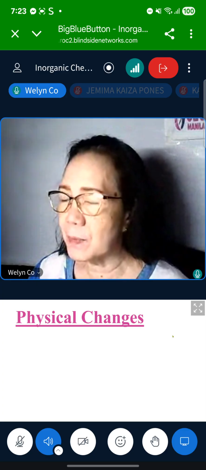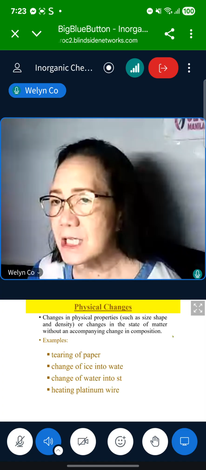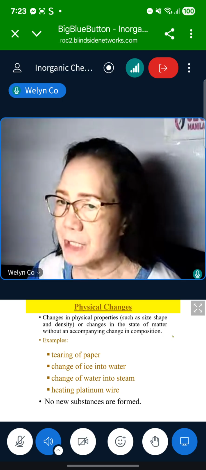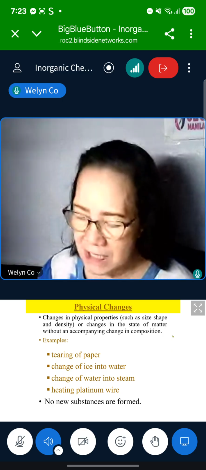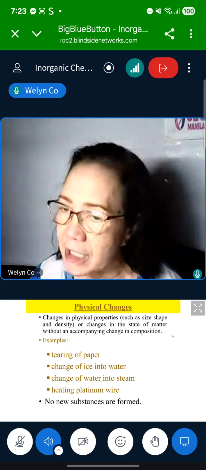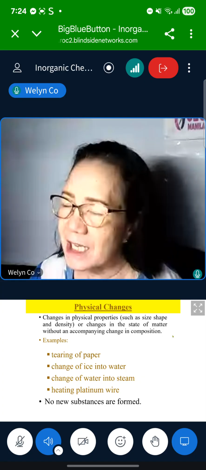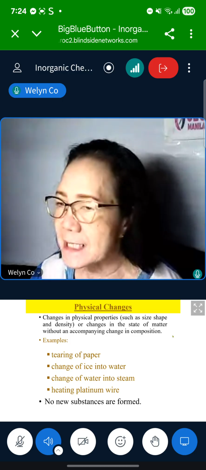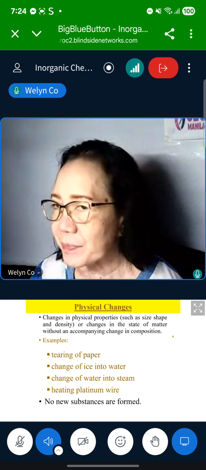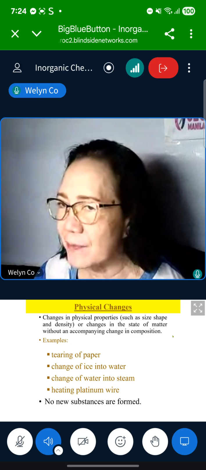So, I know maybe you have done this in your prelim. That is the classification of matter. For physical changes, this could either be your extrinsic and intrinsic properties. So, when called intrinsic properties, these are the inherent. So, that would be the internal composition and identity of the compound. If it is extrinsic, that would be your external view.